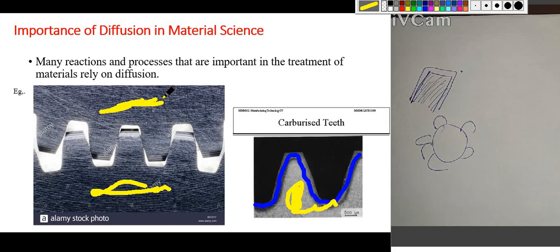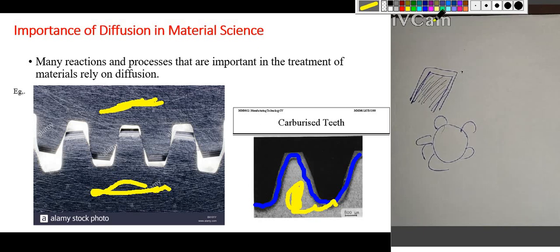So the machinability can be increased because we are dealing with the soft material while cutting the gear. And the second purpose, the wear resistance of the teeth is also increased because of the hard surface. We provide a hard surface on the profile of the teeth.